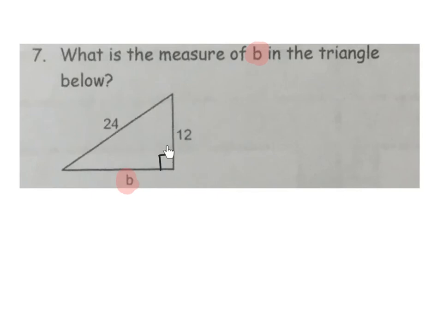Whenever I square these numbers, I have to subtract in order to find the missing side. So it's going to be c squared minus a squared is what we're going to use there.